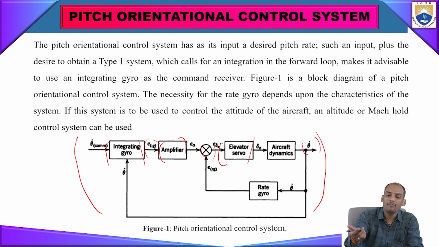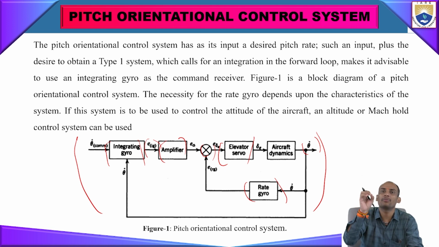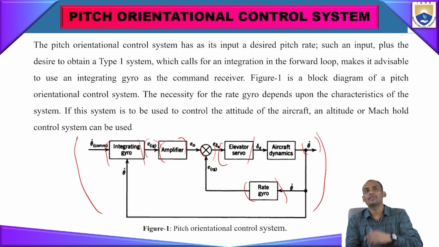The rate gyro system, and that distance feedback, is given to the summer, so there is an in-between feedback signal given back to the servo motor, so that the servo motor can control the motion of the control surface and the system is perfectly operated. How this is operated we will see in the pitch orientation system.